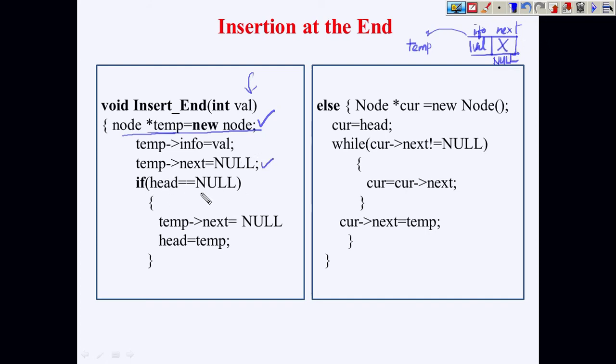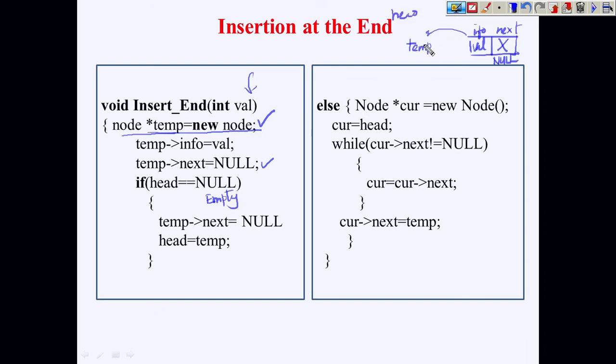Now if head equals null, this means we have an empty list, there is no linked list existing, and this node is going to be the first node. So we will use the same logic that we did. Temp of next equals null, already it is null, and head equals temp. We have a head which is actually null, doesn't have any address.